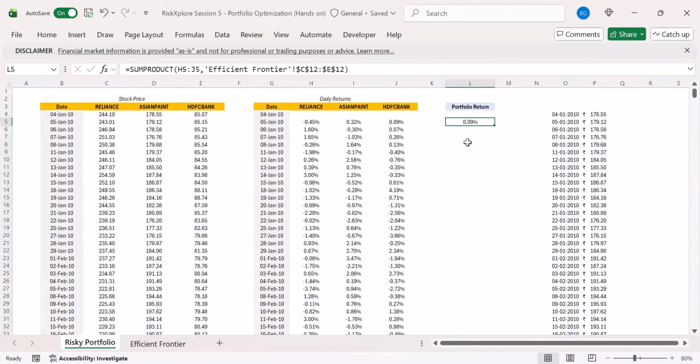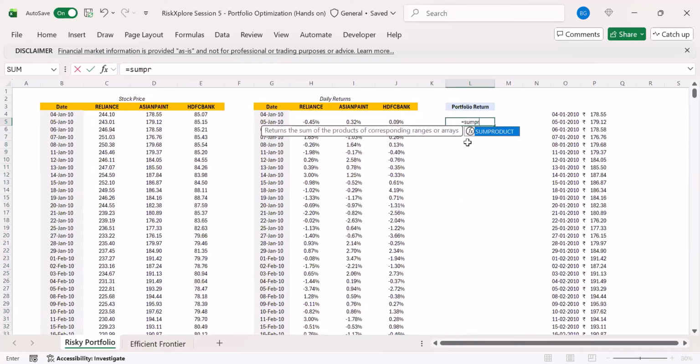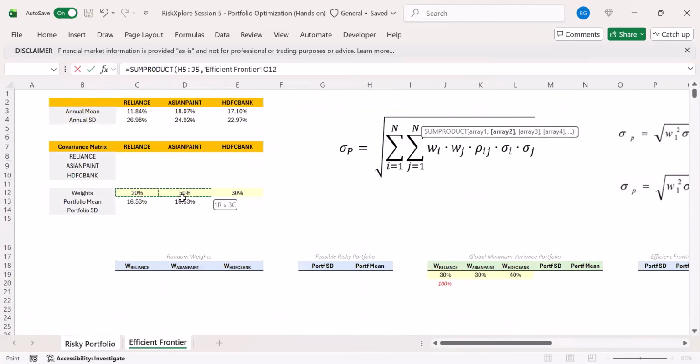So यहाँ पर हमने क्या formula लगाया? Equals to sum product to calculate the daily portfolio return. Sum product of daily returns for these stocks, comma, the weights. Now ये weights हमें static रखने हैं for all the days. So for that we will use F4 key to fix the references here.